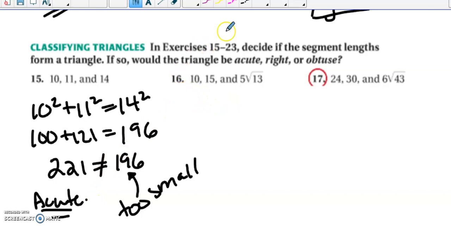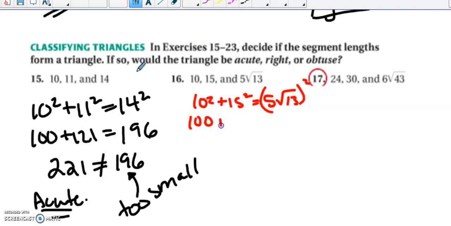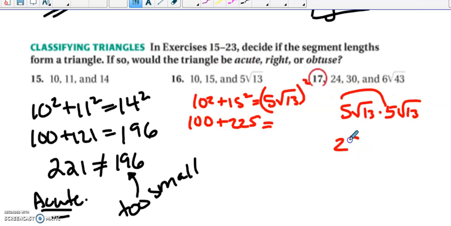Here we go again. We have 10 squared plus 15 squared. Does that equal 5 root 13 quantity squared? So that gives us 100 plus 225. Does that equal 5 root 13 times 5 root 13? 5 times 5 is 25.